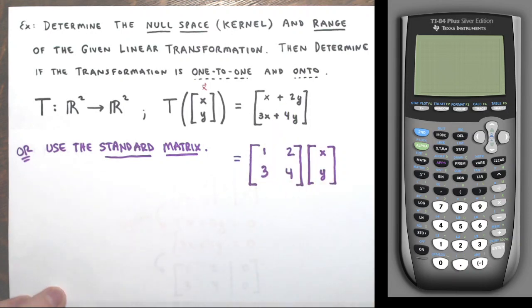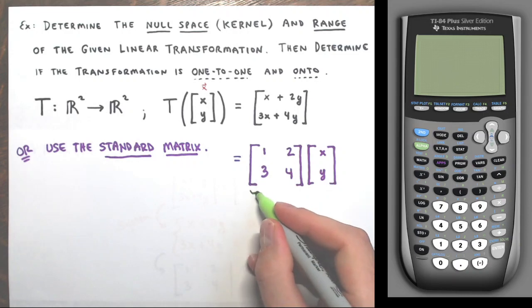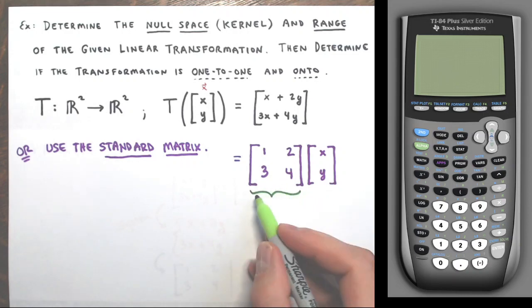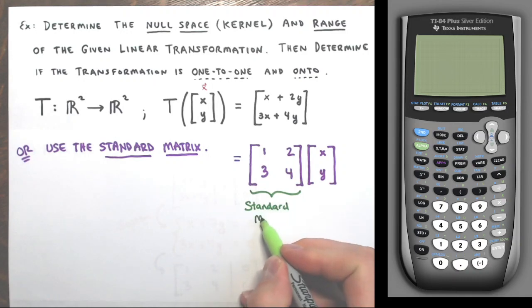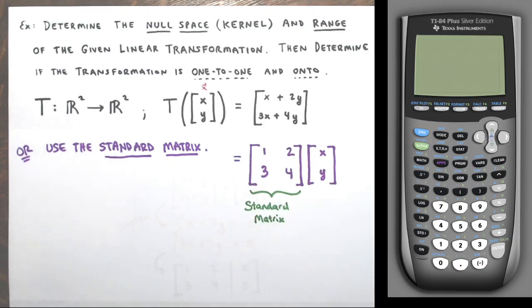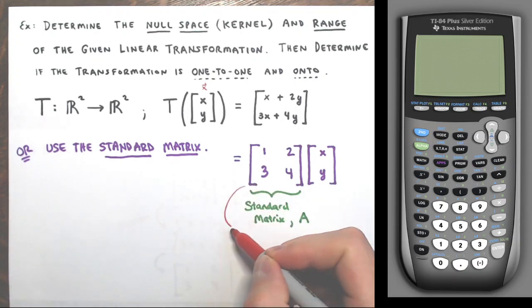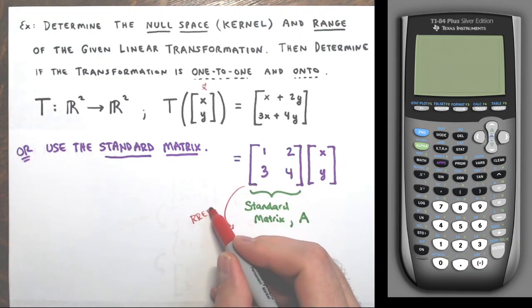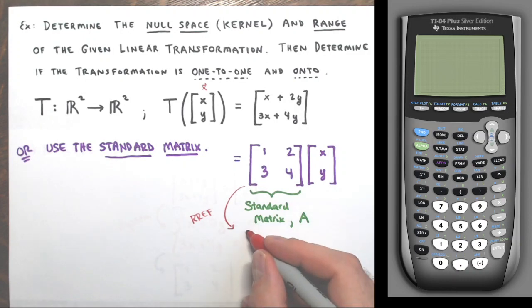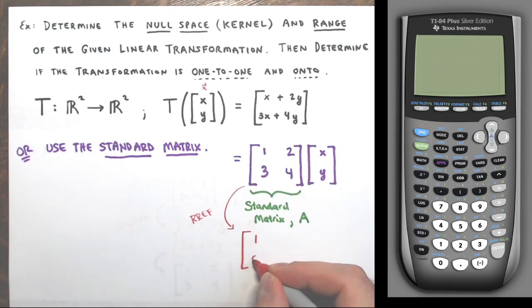So this 2 by 2 matrix is again the standard matrix for this transformation, and I'll call it A. We put this into reduced echelon form, or just an echelon form if you'd like. Now I saw this earlier when I was solving that system. This is row equivalent to the identity matrix.